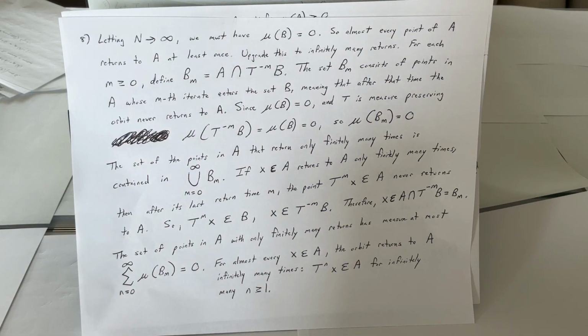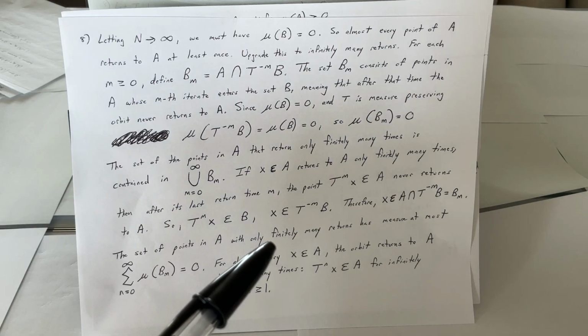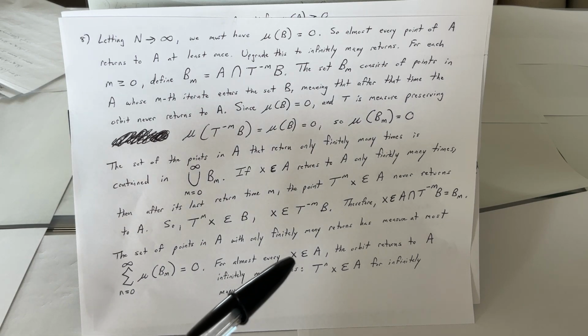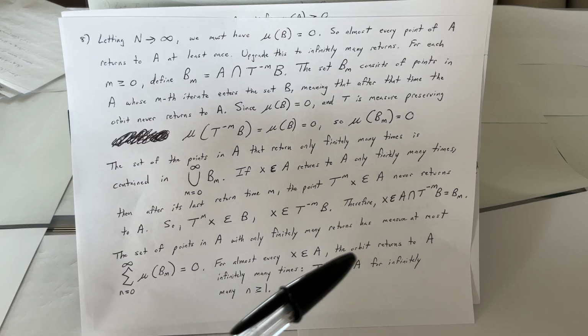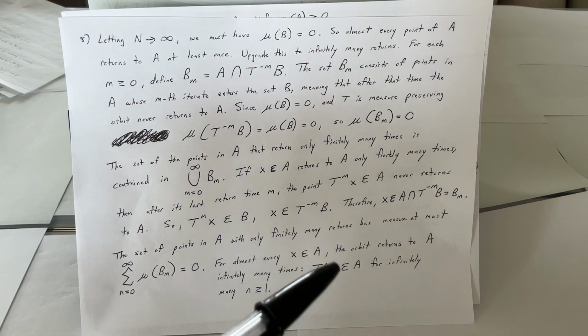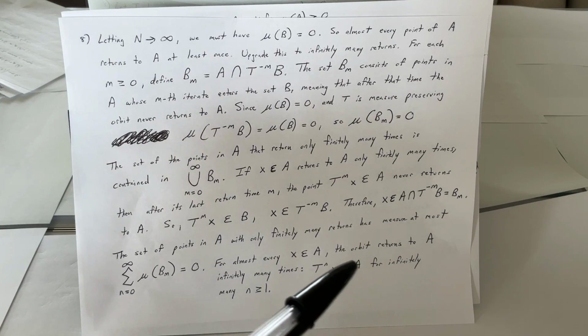So the set of points in A with only finitely many returns has measure at most this. And for almost every x belongs to A, the orbit returns to A many times, so that T to the n x belongs to A for infinitely many n greater than or equal to 1.